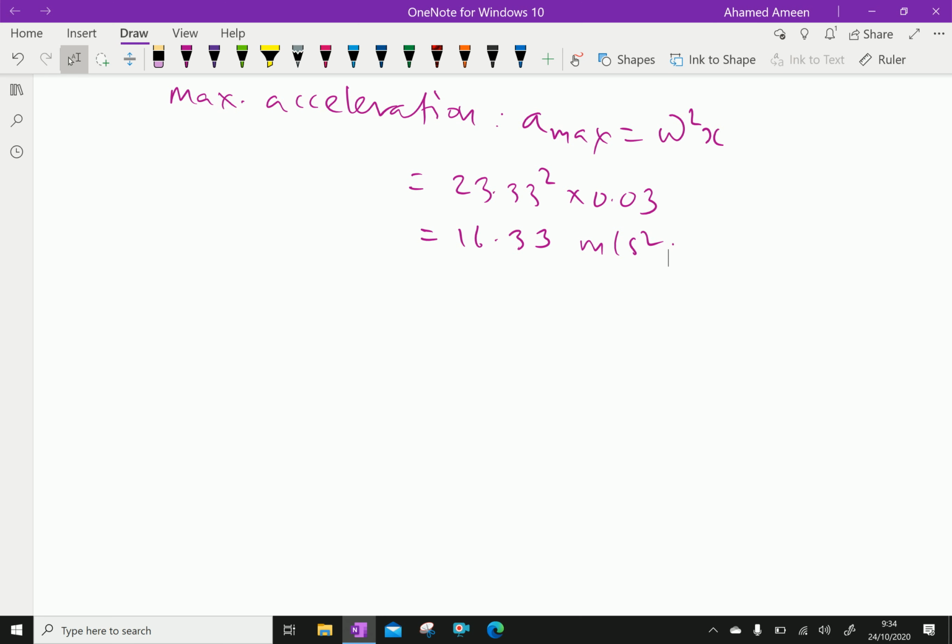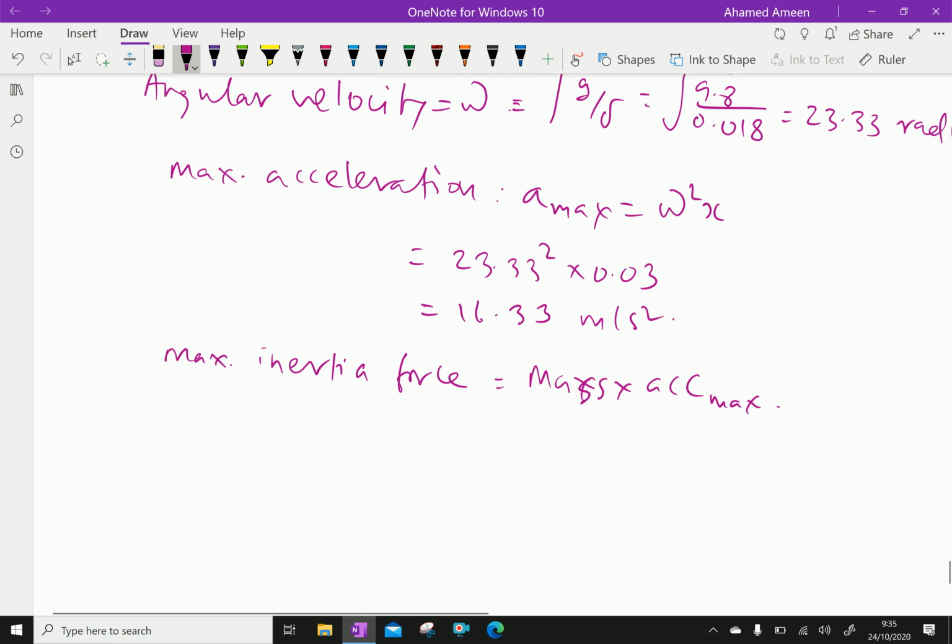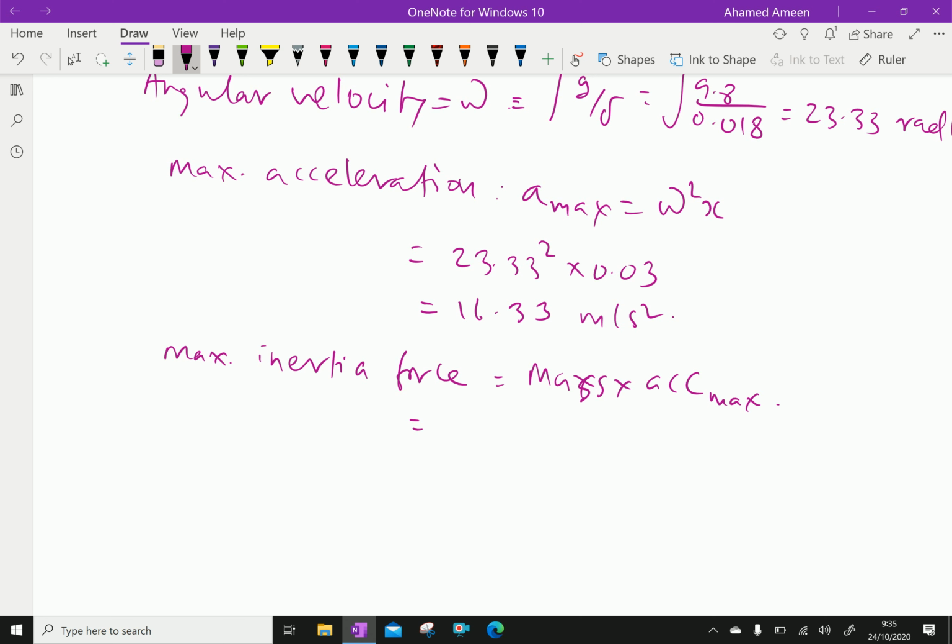Therefore, maximum force on the spring equal mass into acceleration maximum. So mass is 10 kg, acceleration maximum is 16.33, which gives 163.3 Newton.